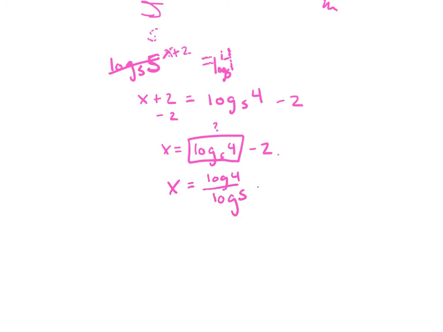So what do we get for x? Negative 1.139. Perfect. Okay, 23.